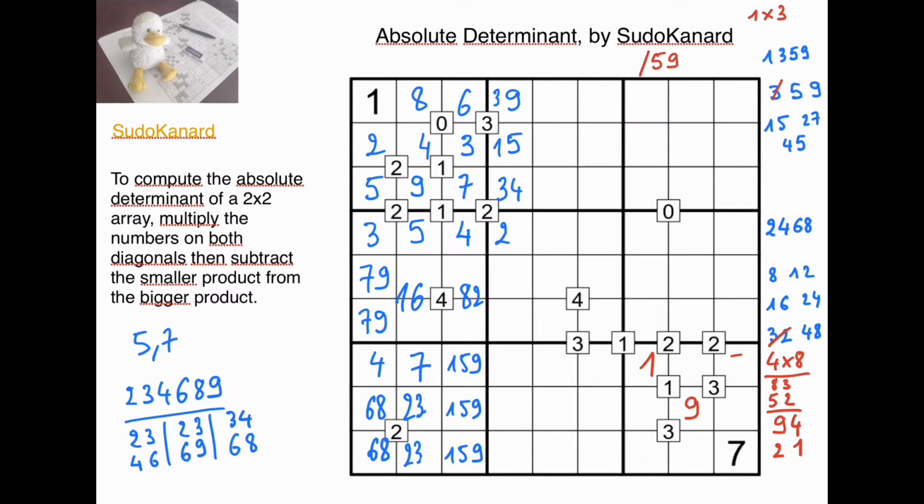So 9 won't work either. So we now know that the central digit is a 5 together with a 3, and there are 2 options, which are 1 here, 9 there, or the opposite.